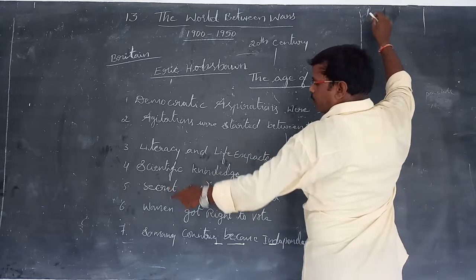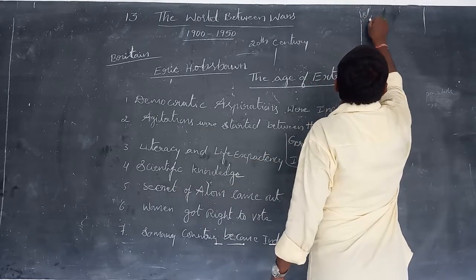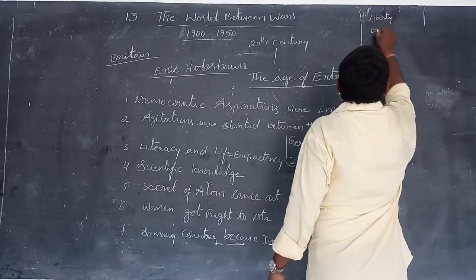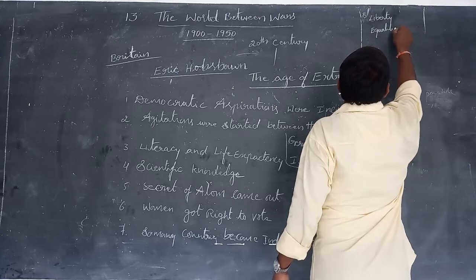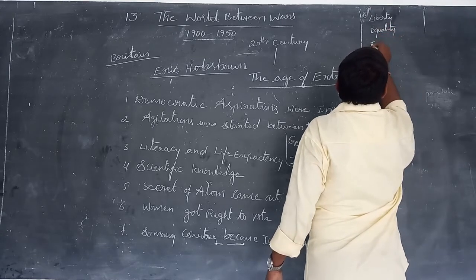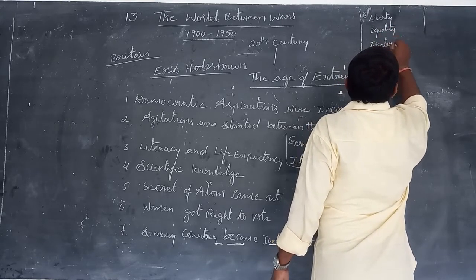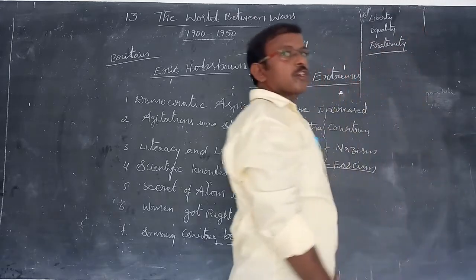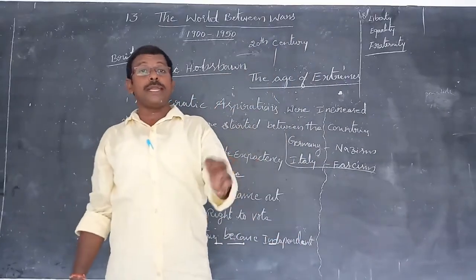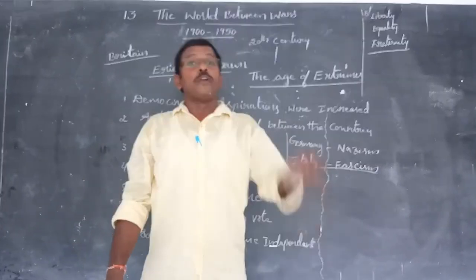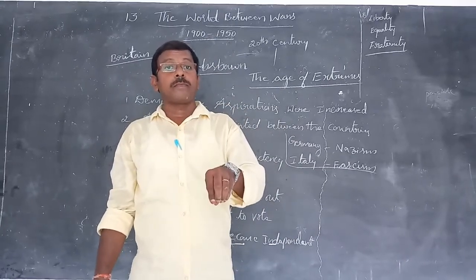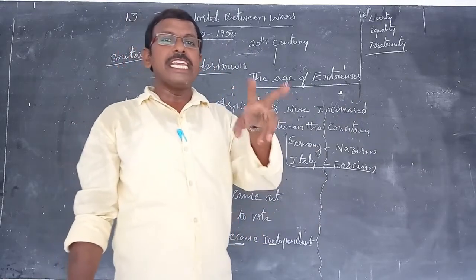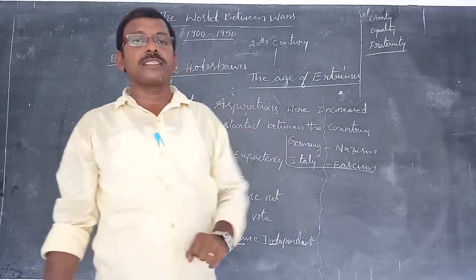Next, another point we can add is the eighth one: social achievements happened, and political changes also happened based on liberty and equality.